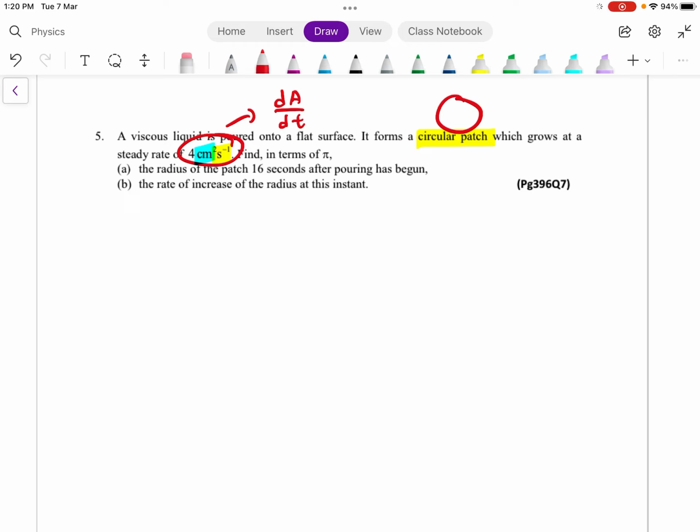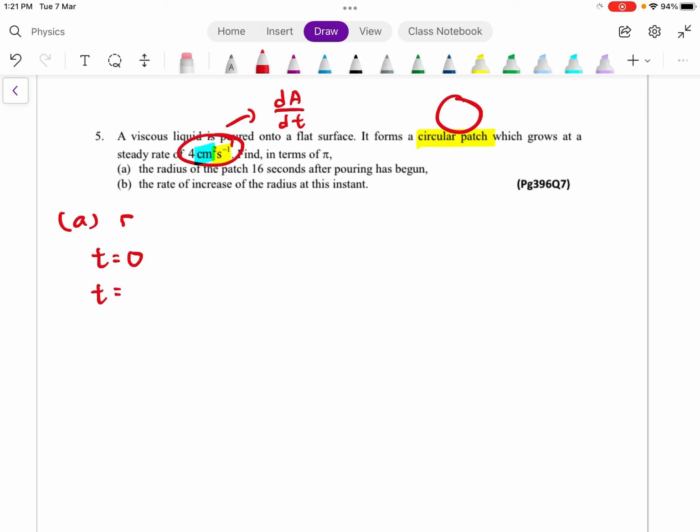So for the first part, they want us to find the radius. Let's assume that at time t equals 0, there is nothing. After 16 seconds, what is the area of the patch?